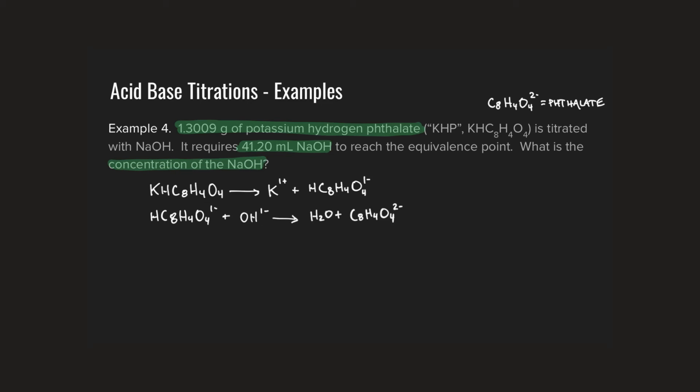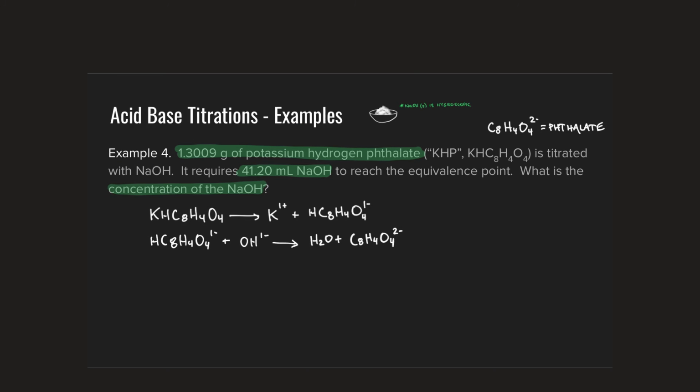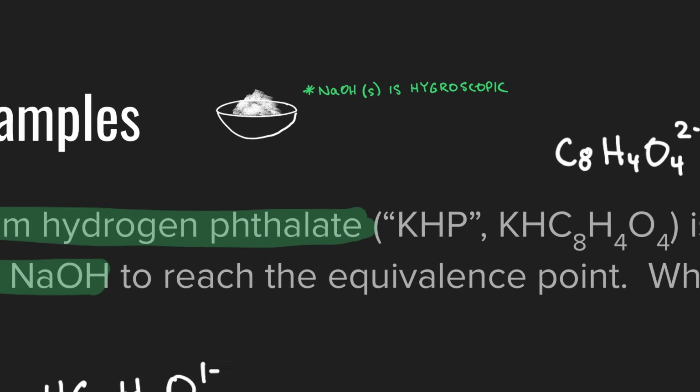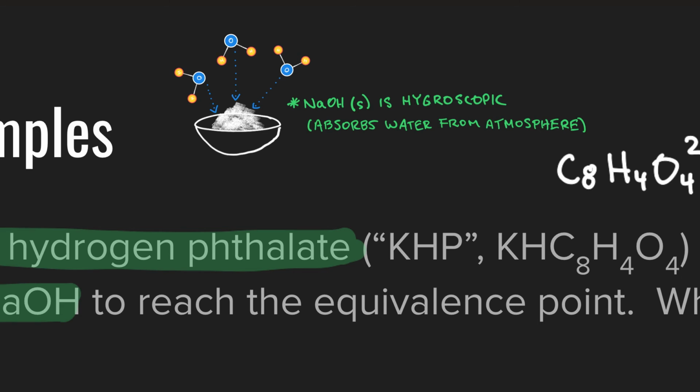Now, as it turns out, this is a really important question to ask because making sodium hydroxide solutions of known concentration is actually a little bit trickier than you might imagine initially. It seems like it should be just as easy as dissolving some solid NaOH into a solution and making some calculations, but the real problem is sodium hydroxide in the solid state is a hygroscopic substance, which means it tends to absorb water from the atmosphere.